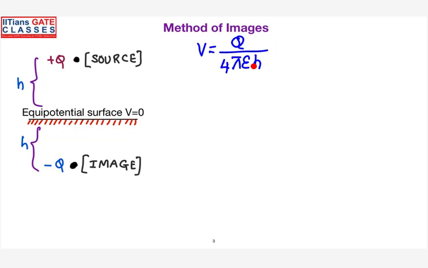Now, this charge has been placed at a height of h from a conducting ground plane, so it should reflect a potential of Q by 4 pi epsilon h on the ground surface.